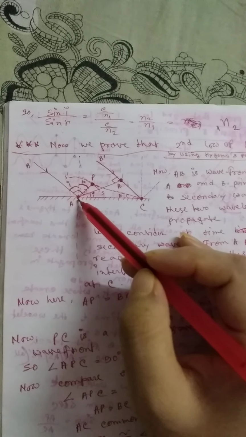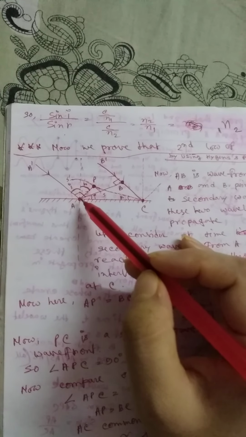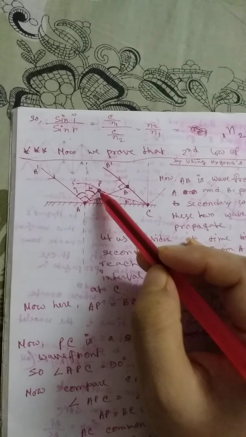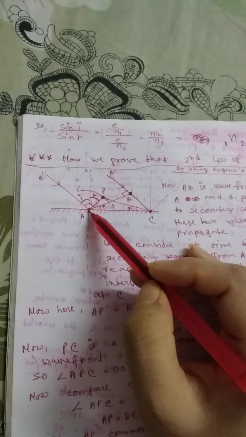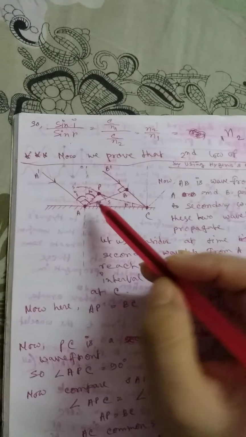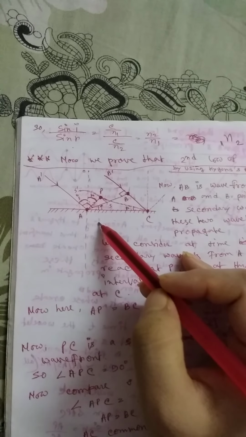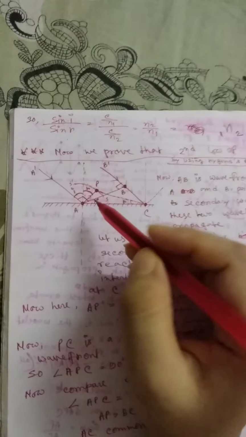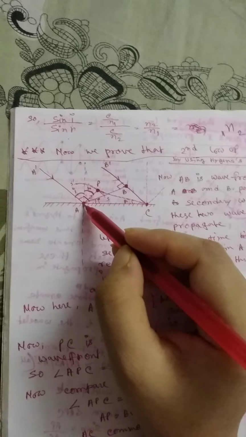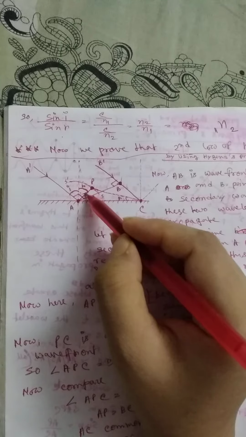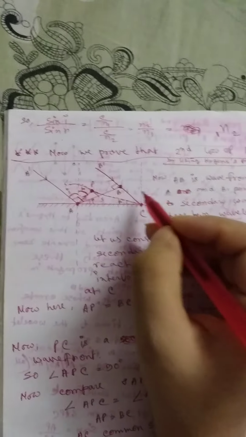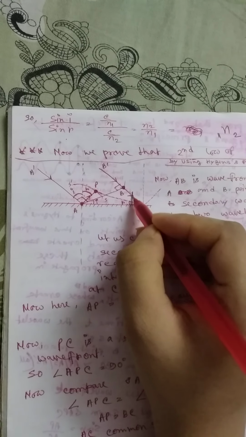So the wave generated from point A moves along this direction, because this wave is reflected. The wave generated from point A cannot travel along this direction because this is coated, right? So the new wavelet generated from point A moves along this direction, and the new wavelet generated from point B moves along this direction.